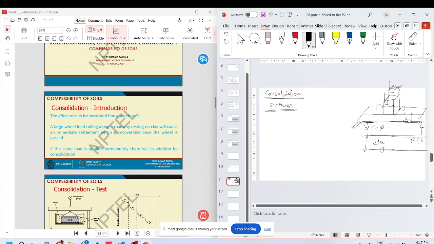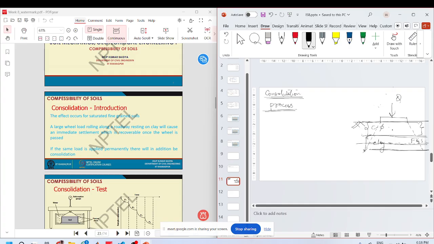As the stresses from my construction, whatever I have constructed here, let's keep it two-dimensional, the stresses will follow the 1:2 pattern we studied in stresses in soil, whatever load I put here, at the center of the soil layer.